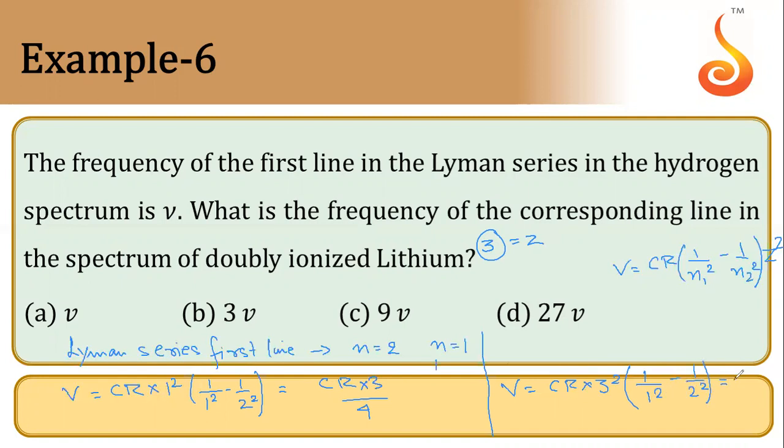So you will get 9 Cr × 3/4. If you take the ratio, this one is Cr × 3/4, the other one is 9 times Cr × 3/4. So the ratio will come as 9, or you can say the frequency of this one will be 9nu. So the answer is option C. So thank you.